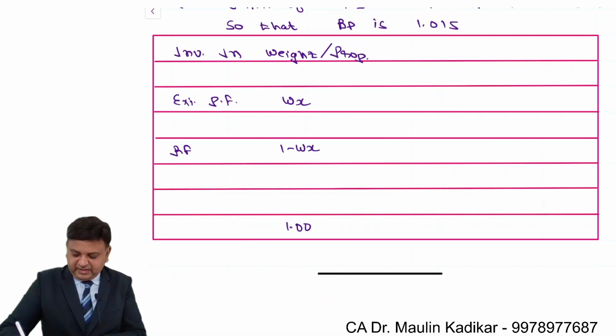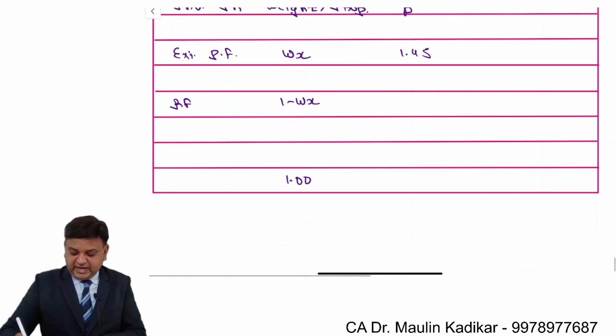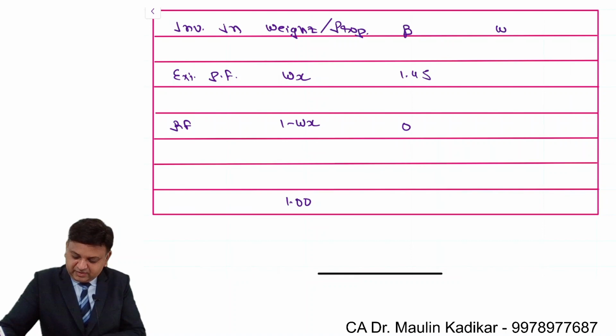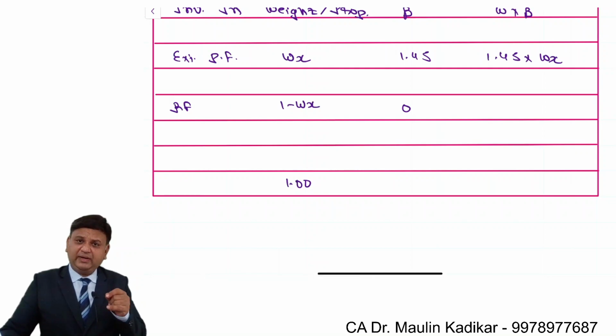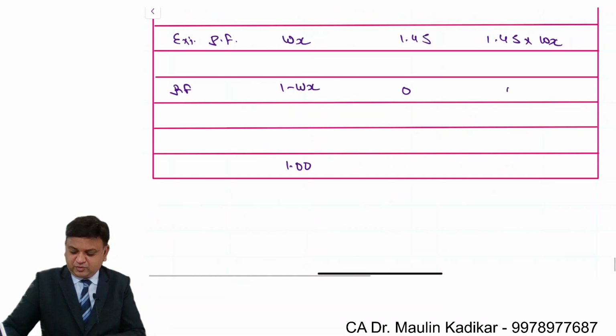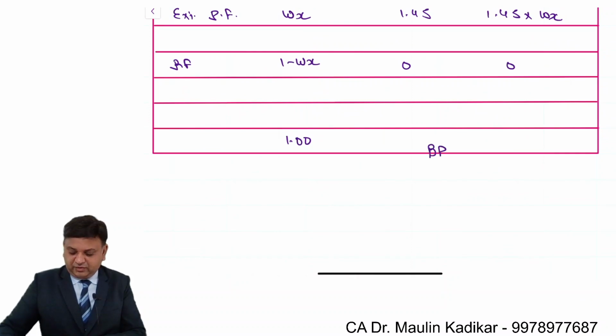Now, beta. As far as the existing portfolio is concerned, its beta is 1.45, and for risk-free security it will be 0. So weight into beta: it is 1.45 into Wx, and 1 minus Wx into 0, that is of course 0. Beta of the portfolio will be 1.015.